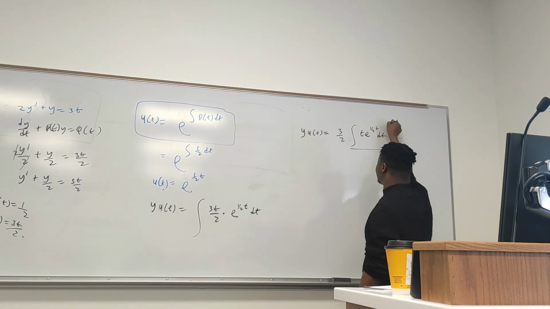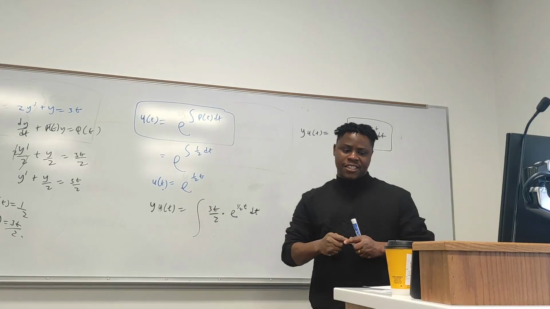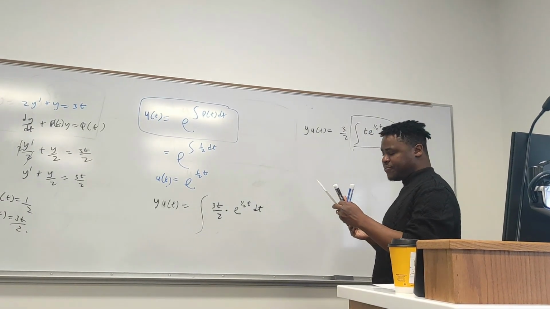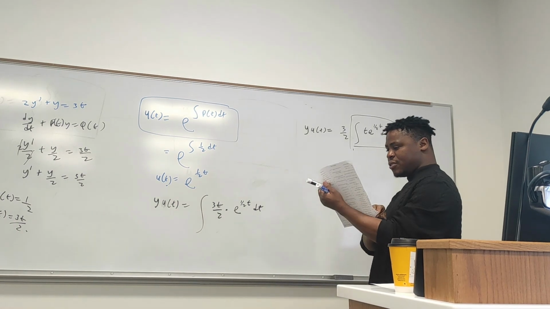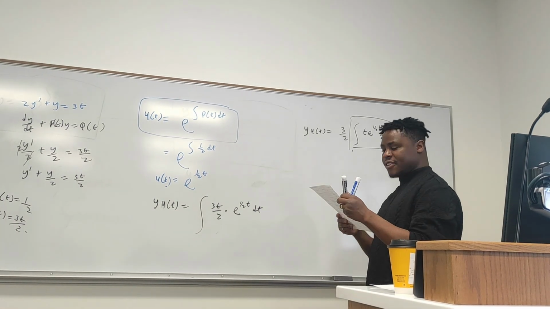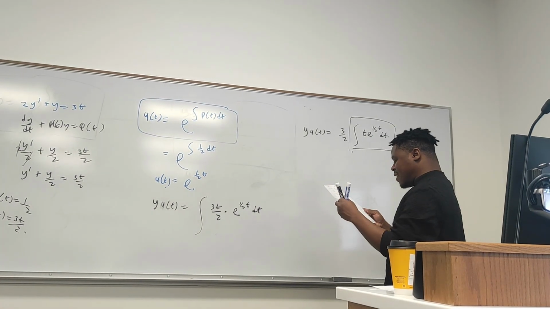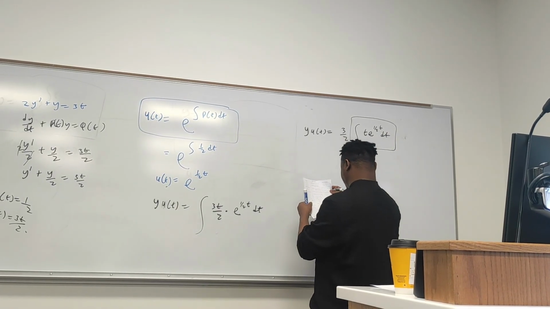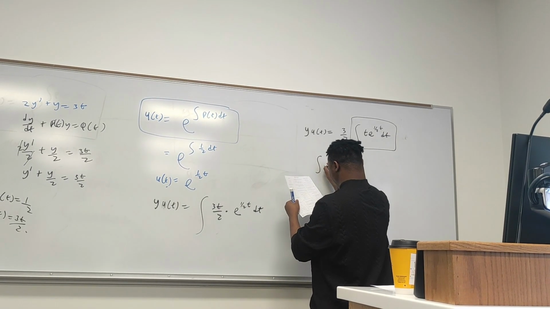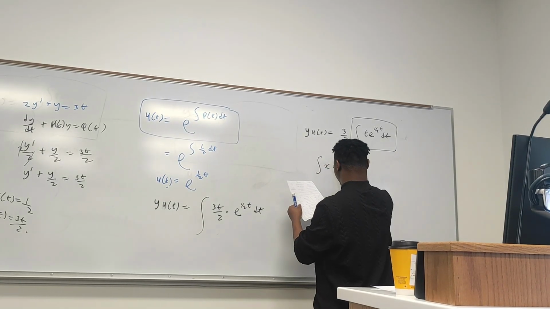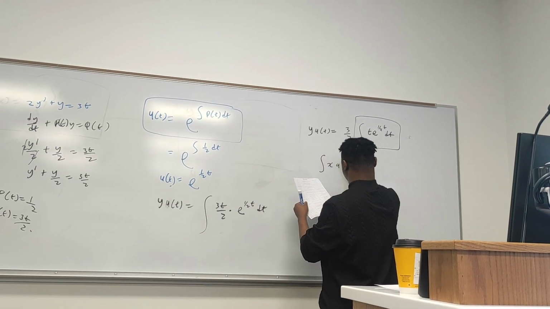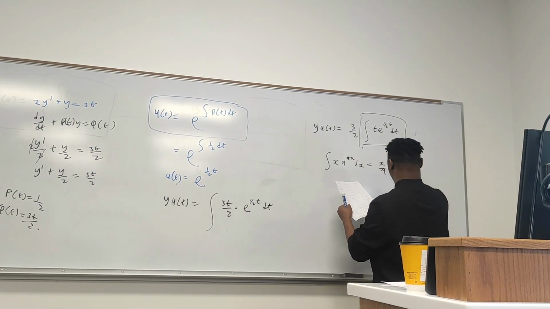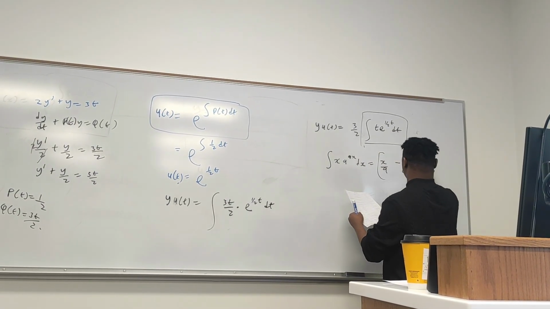So we can use, is it number 53? Let's see. Does anyone know what number it is that we can use to integrate this? Those of you that have done it, what number is it? 53 of our derivative table. So number 53 says that integral x e^(ax) dx is the same as x over a minus 1 over a squared, times exponential ax.